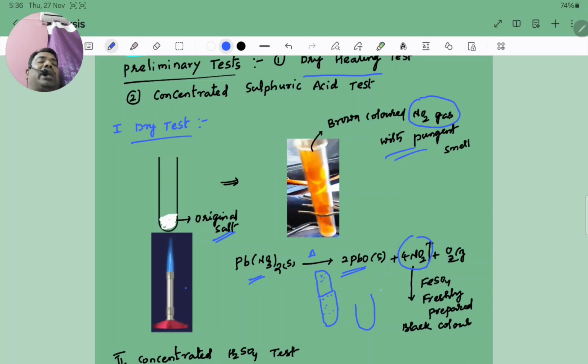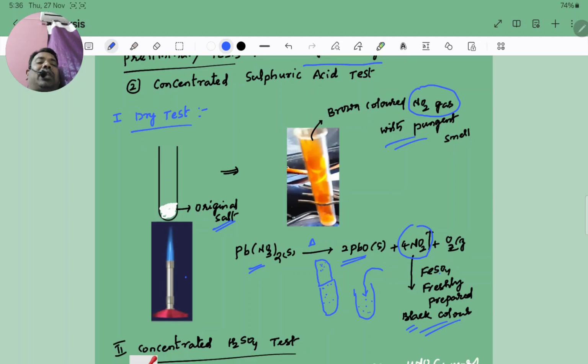Now to this NO2 gas, student, add freshly prepared ferrous sulfate solution. When added to the nitrogen dioxide present in the mixture, the freshly prepared ferrous sulfate will be converted into a black color, right.